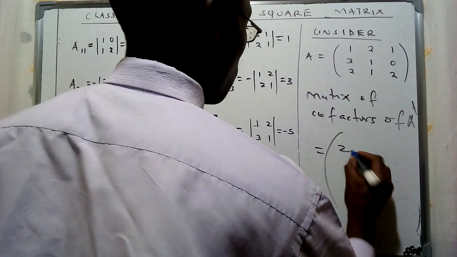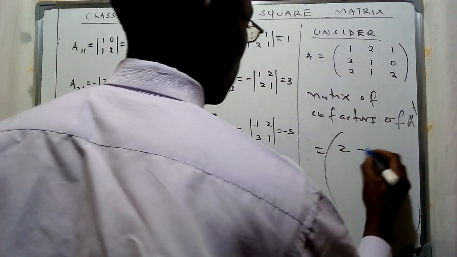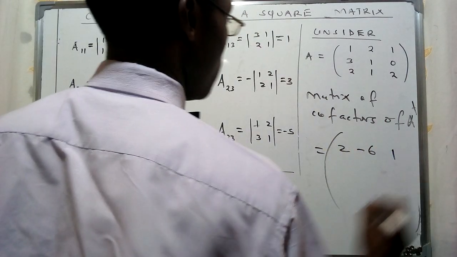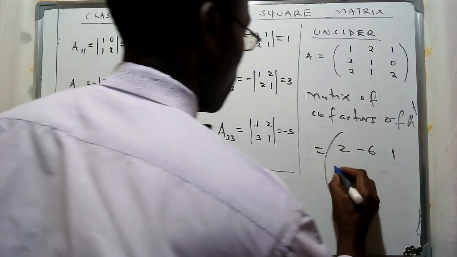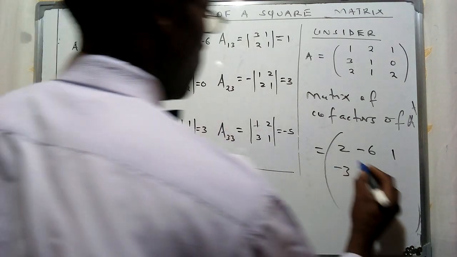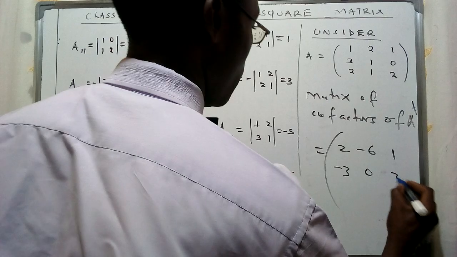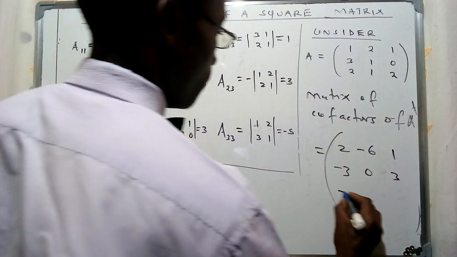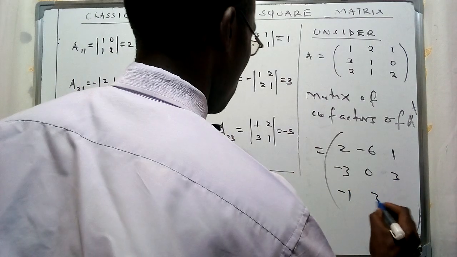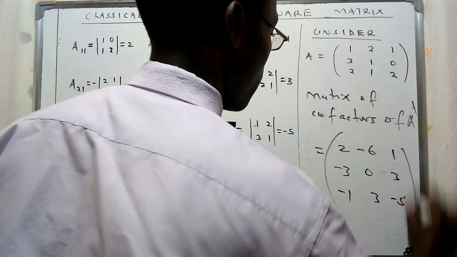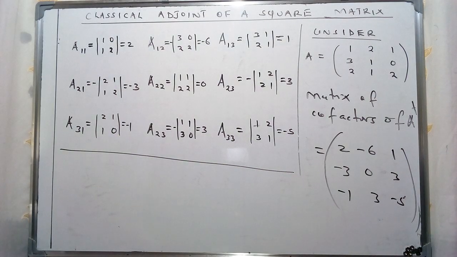So I'm going to have 2 and negative 6 and 1 for the first row, then negative 3, 0, and 3, and then negative 1, 3, negative 5. So this is going to form what we call a matrix of the cofactors, and we're going to consider using this matrix of the cofactors from a previous relationship.